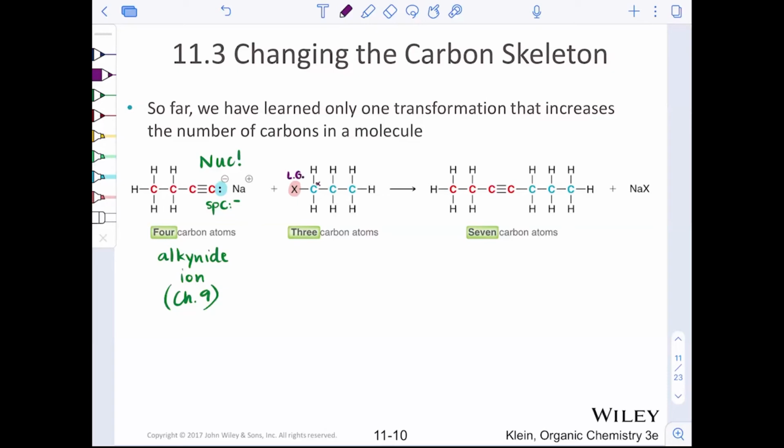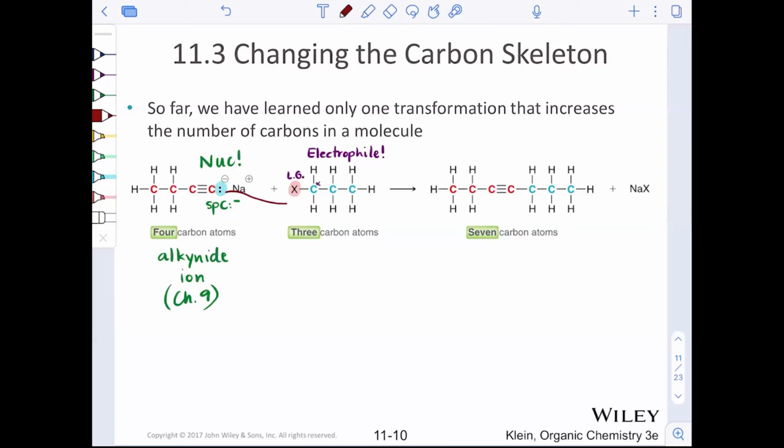So this first blue carbon is the alpha carbon, the electrophile, meaning electron loving. It is looking for electrons. Match made in organic chemistry heaven.